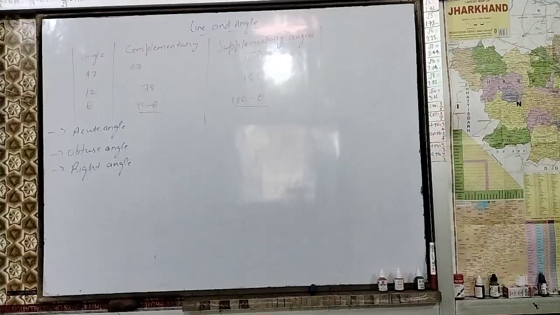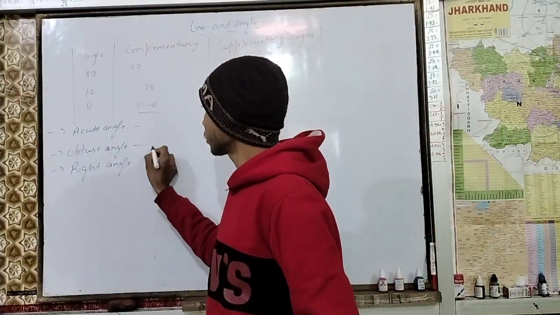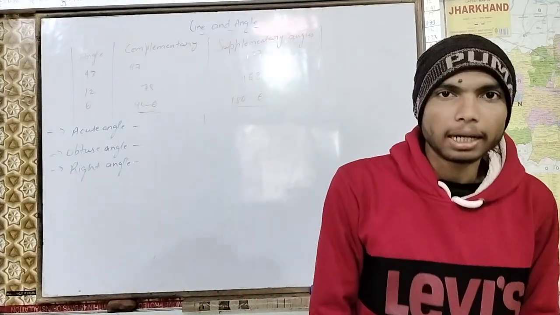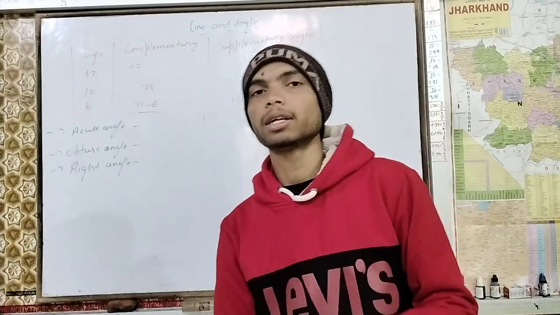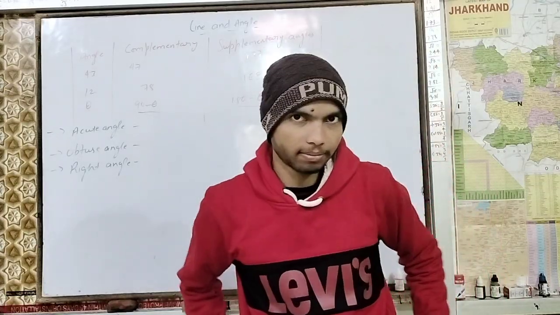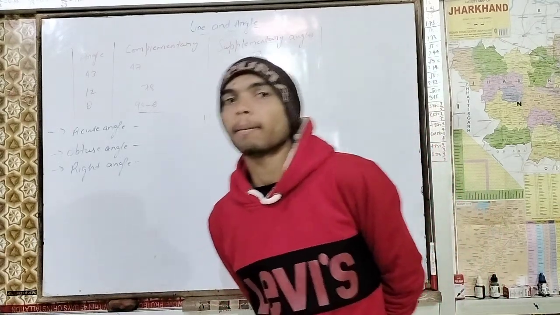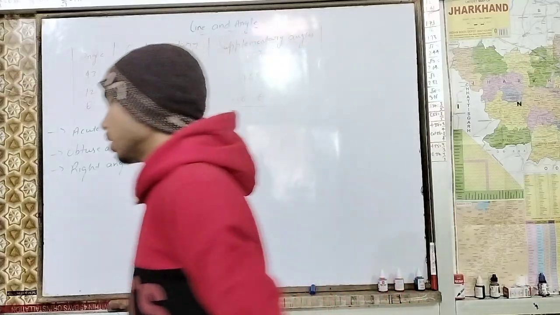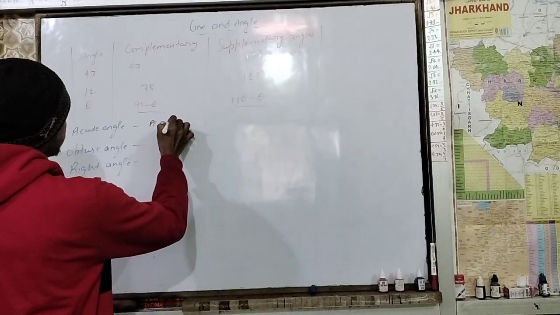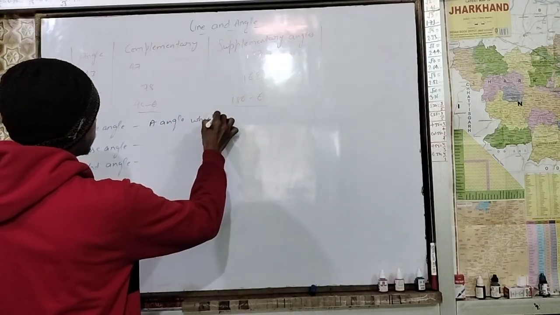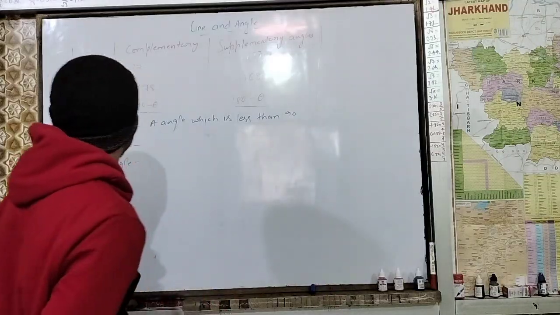An acute angle is an angle, but the condition is that the angle should be less than 90 degree. Any angle which is less than 90 degree will be our acute angle.